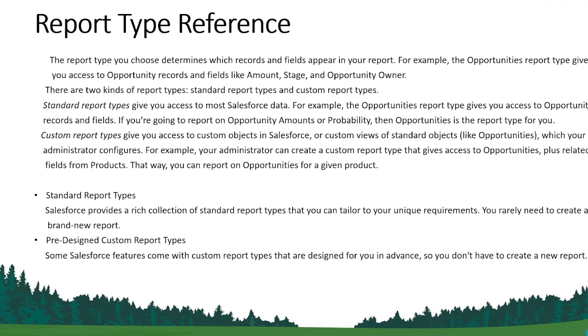Standard report types give you access to most of the Salesforce data. If I am talking about any particular opportunity, it will give you the records and the fields of the opportunity, such as the amount or probability.